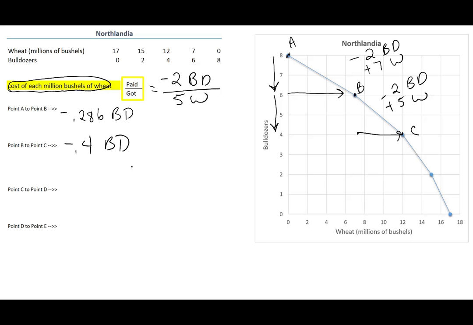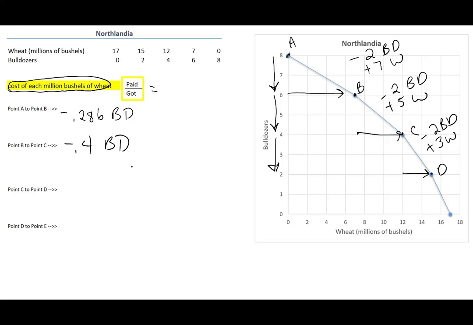The opportunity cost from point C to point D of wheat will again be what was paid, 2 bulldozers, divided by what was gained. And it looks like 3 million bushels of wheat.